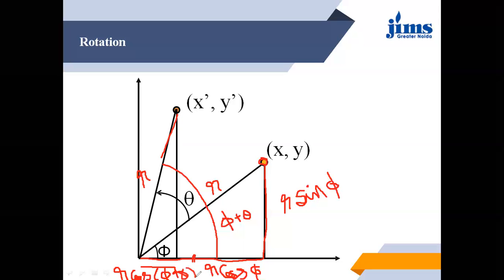And on the y-axis, that is this one, it is r sine(phi plus theta).